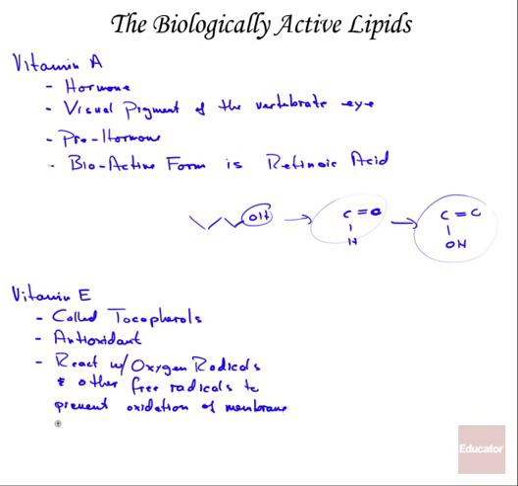So lipids are very, very prone to oxidation very easily. So what vitamin E does is it keeps them from oxidizing so that they can maintain the integrity of the cell. That's what it is. So it runs interference. These oxygen radicals and these other free radicals that are produced in the normal course of metabolism, they're going to react with lipids and they're going to do all kinds of damage. Well, vitamin E prevents that by reacting with them so that they can't react with the lipids in the membranes.